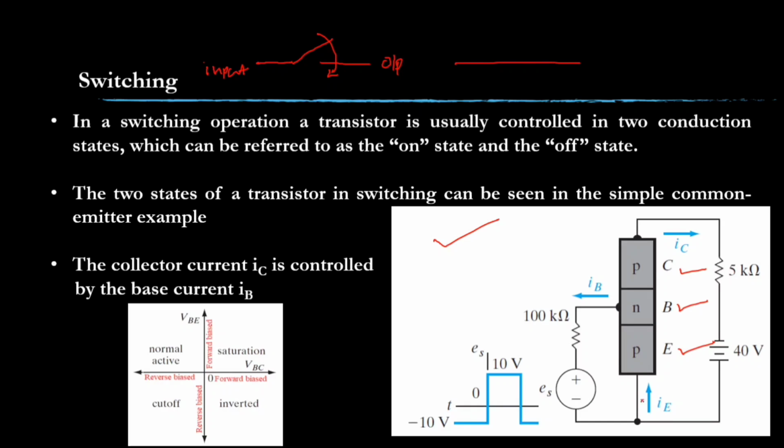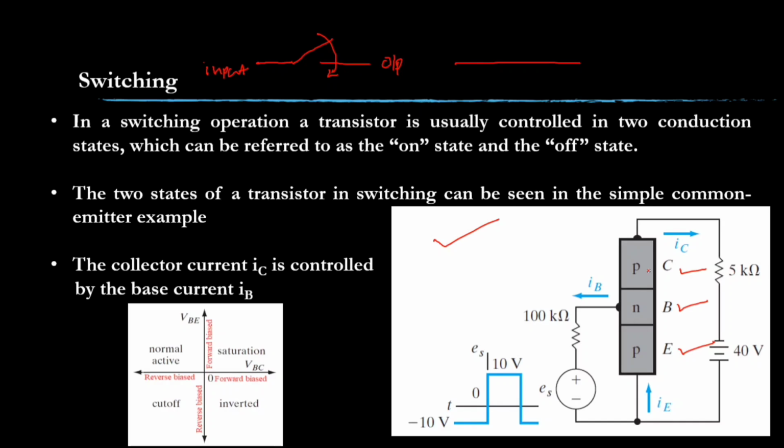The emitter is connected to the base through some source, and the emitter is again connected to the collector through a source and a resistor. The resistor value is 5K and the voltage value is 40 volt, and here you can also see another resistor, bigger compared to 5K, a 100K resistance. Okay. So, it is a PNP transistor, we know the emitter is P plus, the N base is lightly doped, and the P collector is moderately doped.